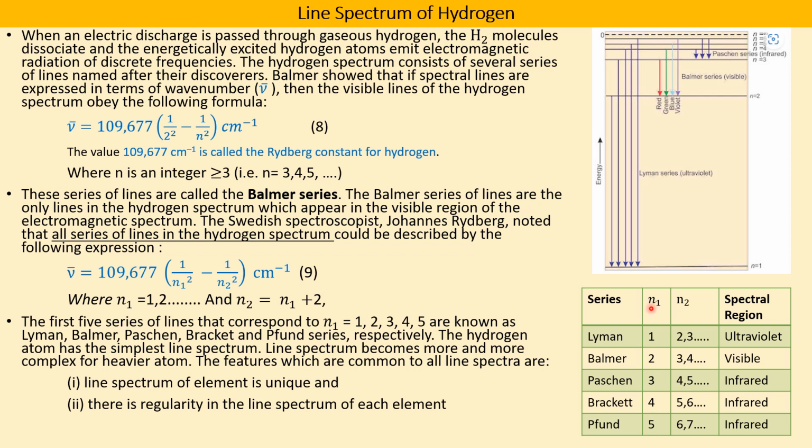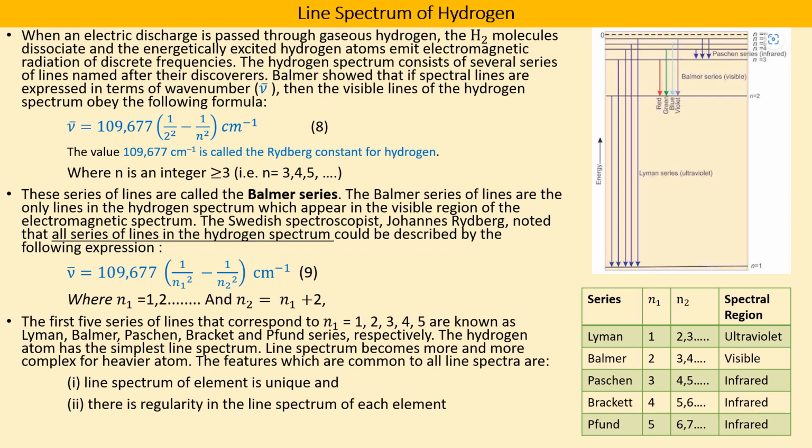The values of n1 are 1, 2, 3, 4, 5 respectively, and the corresponding values of n2 are 2, 3, 3, 4, 4, 5, 5, 6 and 6, 7. The spectral region for Lyman is the ultraviolet region, Balmer is the visible region, and Paschen, Brackett and Pfund all fall under the infrared region.